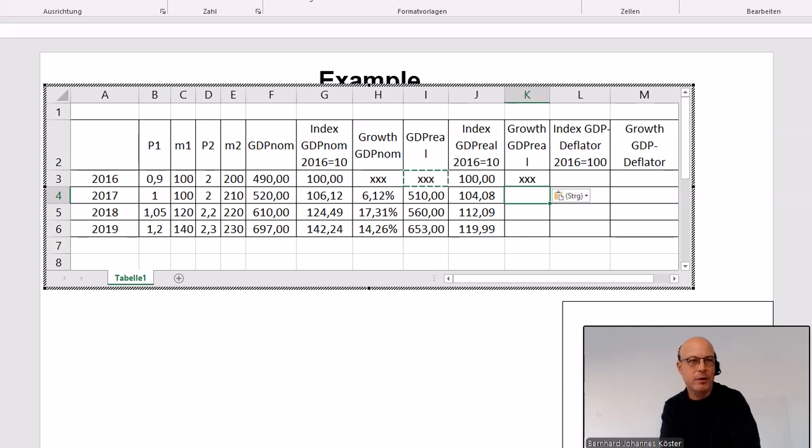You have to learn this only once: the value today minus the value yesterday divided by the value yesterday. And since we have already done this here for the nominal GDP, the calculation is just the same. So we can copy these formulas and put them just to the right of our real numbers.